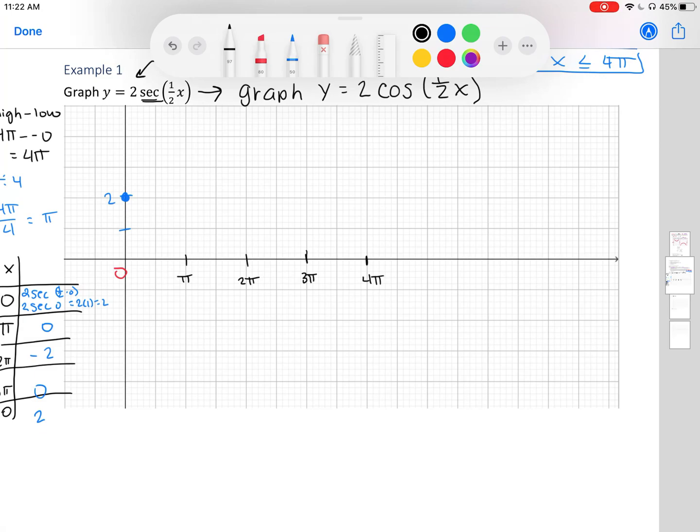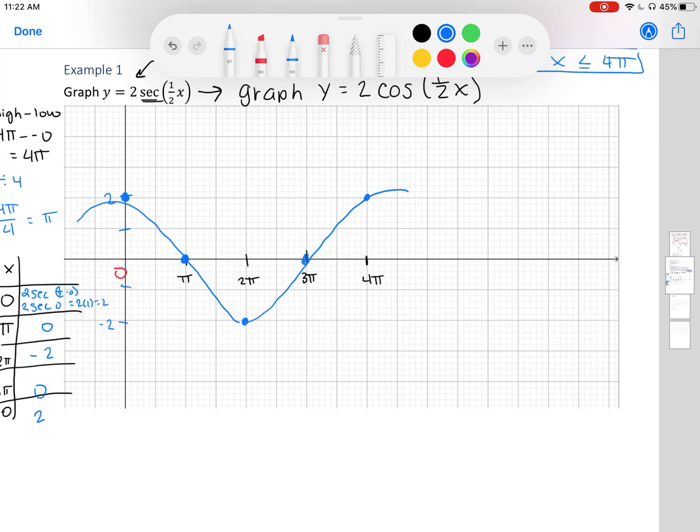So I start at 0, 2, pi, and 0, 2 pi, and -2, 3 pi, and 0, 4 pi, and 2. So if we graph our function, this will be our cosine function.